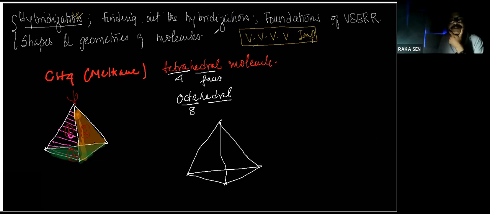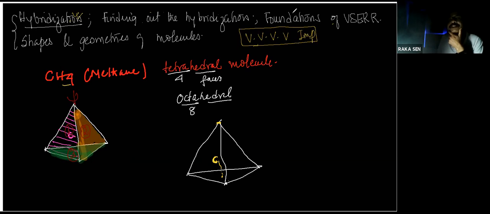Now what you're having is the carbon at the center. This is my carbon. Carbon, that means, is at the center. You have got a triangular base, and from the middle of this triangular base, if you draw a perpendicular, carbon will be between this and this face. Between this top and this, the carbon will be exactly at the middle.